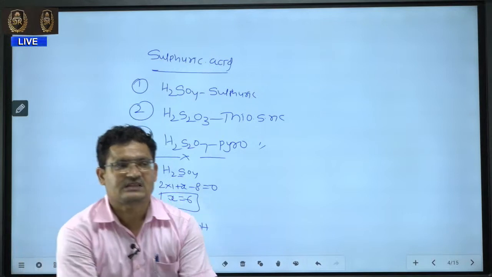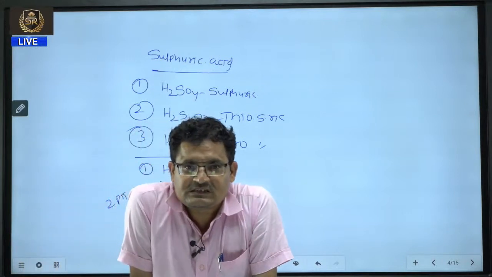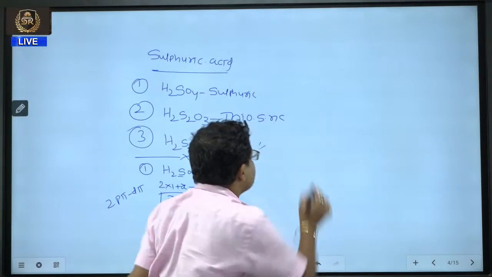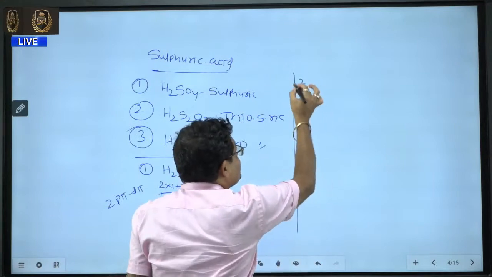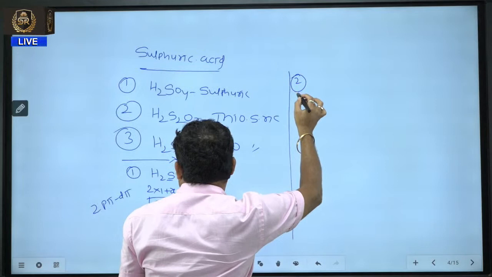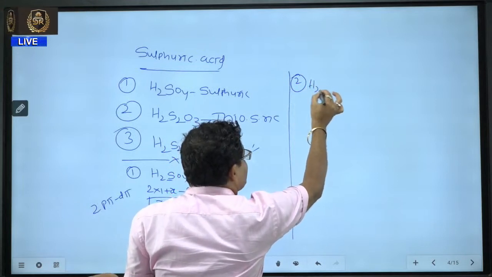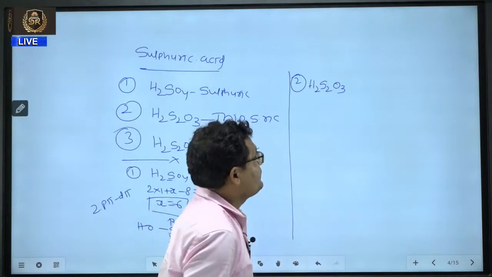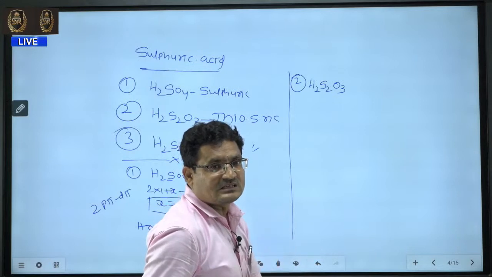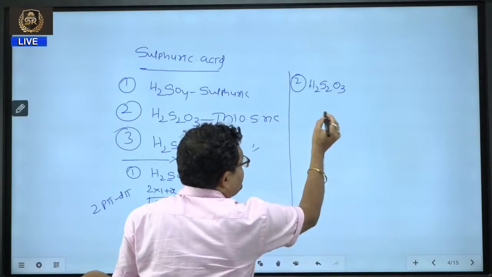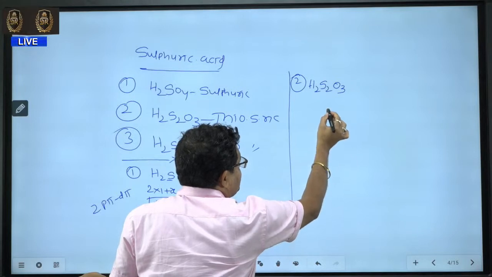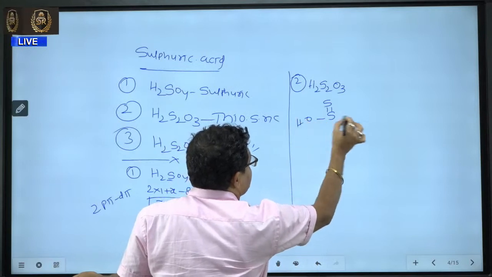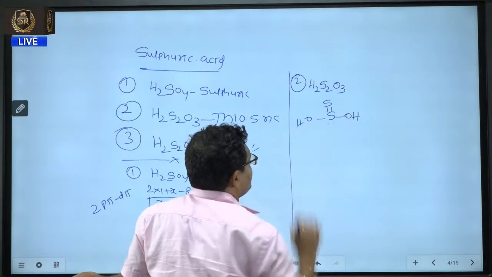What is the thiosulfuric? Its formula is H2S2O3. Second one, thiosulfuric. If thio is there, that oxidation state is commonly -2. That's why this structure is S, this is double bond S, this is OH, double bond.